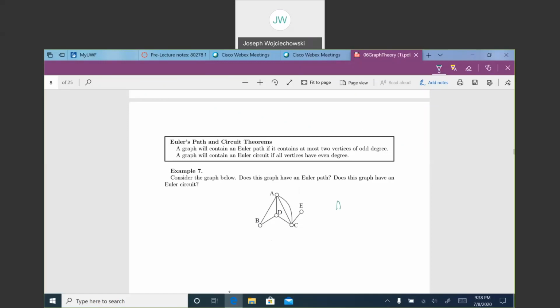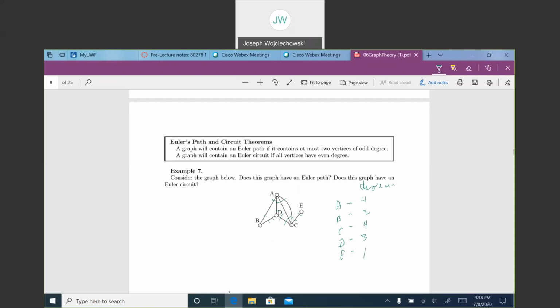Well, we have A, B, C, D, and E. And let's find the degree of each of them. A is 1, 2, 3, 4. B is 1, 2. C is 1, 2, 3, 4. D is 1, 2, 3. And E is just 1.